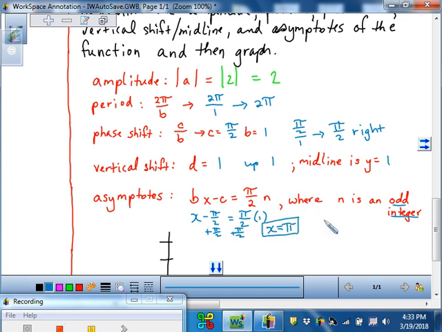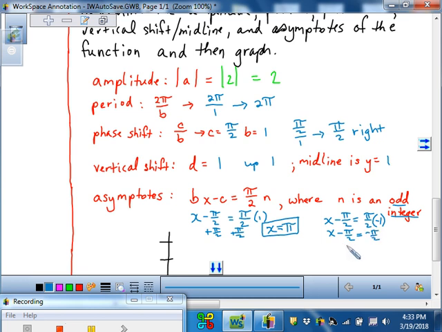Second asymptote, the next easiest odd integer to use is -1. So I've got x minus pi over 2 equals pi over 2 times -1, which is negative pi over 2.